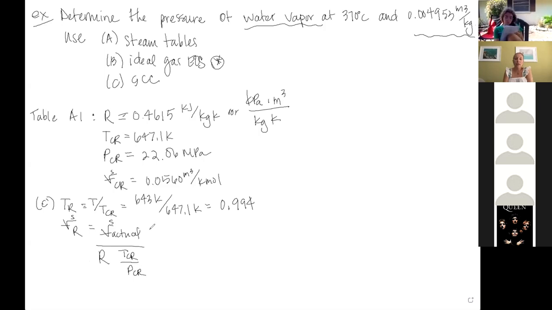So we are given our actual specific volume in the problem statement. We looked up R in table A1, and then we looked up our critical point values for pressure and temperature. So we have everything we need to solve this.